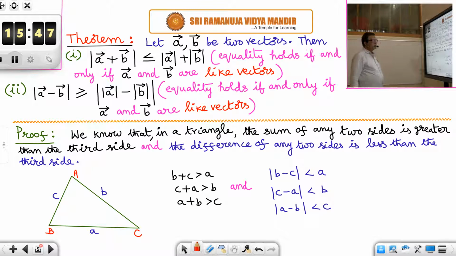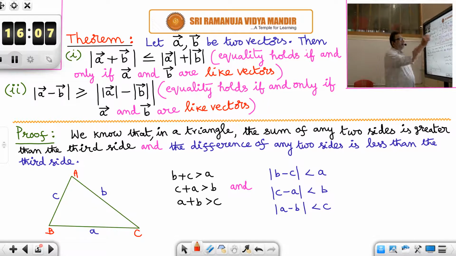So this theorem is important. Let A bar, B bar be any two vectors. Then mod of A bar plus B bar is less than or equal to mod of A bar plus mod of B bar.